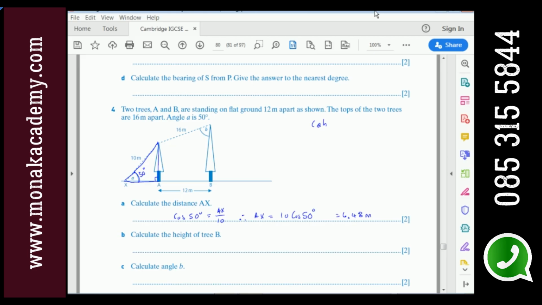Because it shows that the distance between the top of the trees is, what is this, 16 meters. Yeah, this. So the height of tree B must be plus or minus 16 or more than 16. Obviously, okay. So what was your first step?